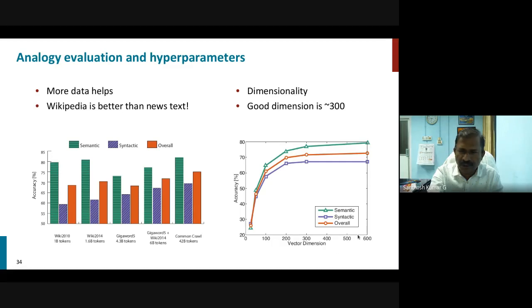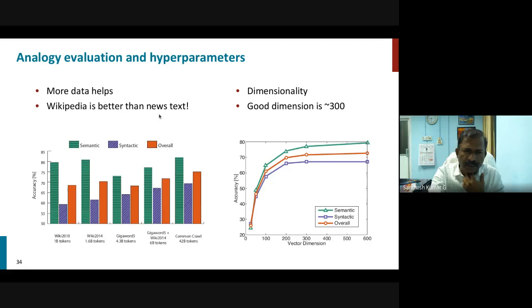So you can see when dimension increases, I think accuracy also goes high. So if it is more than 300, some accuracy above 70 you can achieve. So that's what this diagram shows, right?